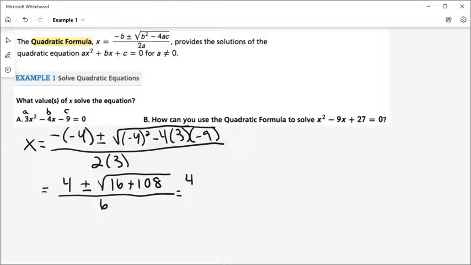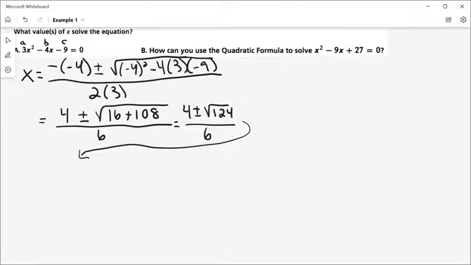And that's all over 6, which simplifies to 4 plus or minus the square root of 124 over 6. Well, we can simplify the radical because 124 is divisible by 4. So this would then become 4 plus or minus radical 4 times radical 31 all over 6.